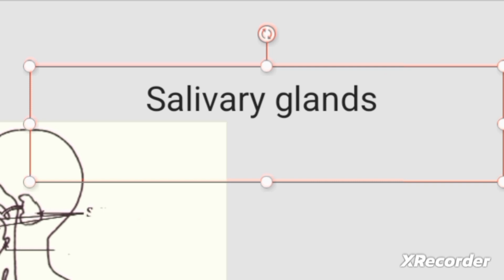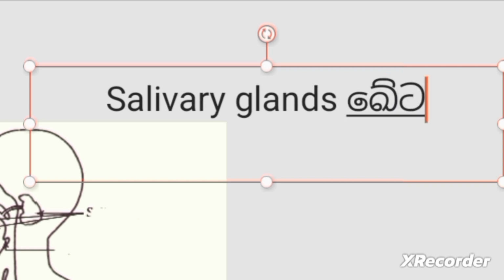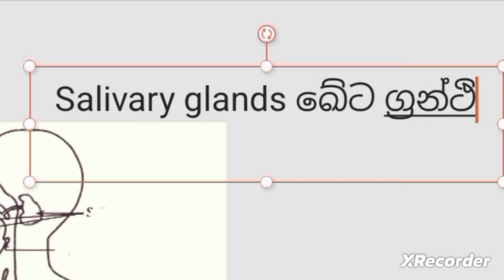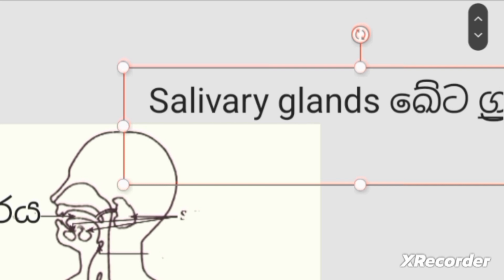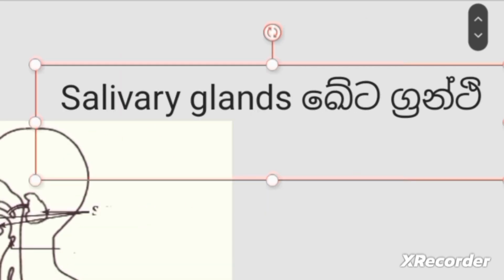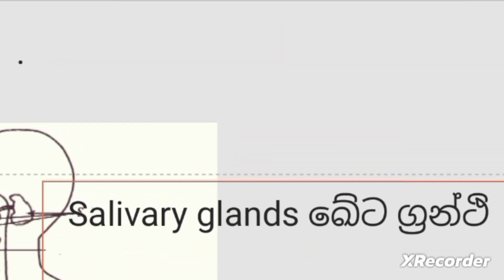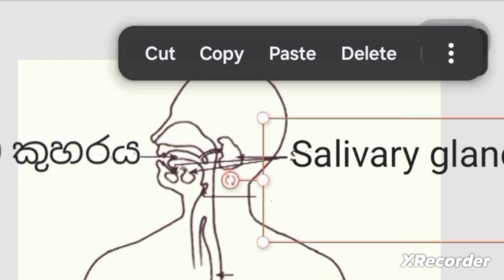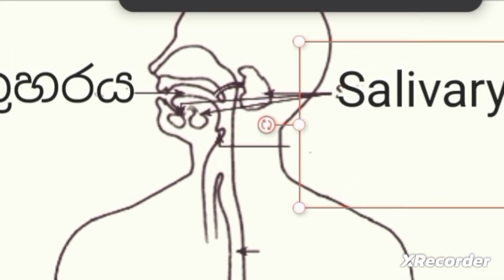Glands mean Granthi. They secrete saliva into the mouth. You can see there are 3 salivary glands open to the mouth.